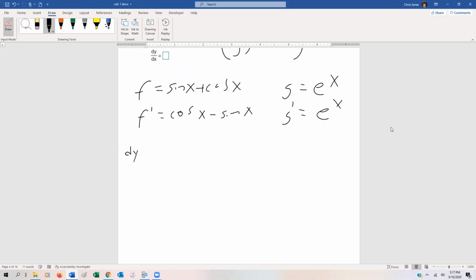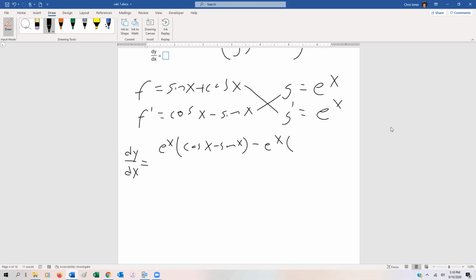So dy dx, by using our formula, f prime g is going to be e to the x times (cos x minus sine x), and I'm just putting the e to the x in front to make it more traditional. Usually we put a monomial term in front of a binomial or trinomial term.